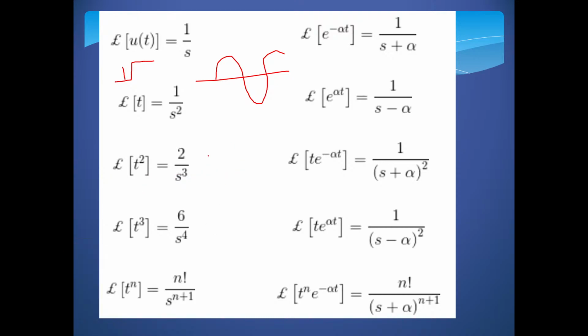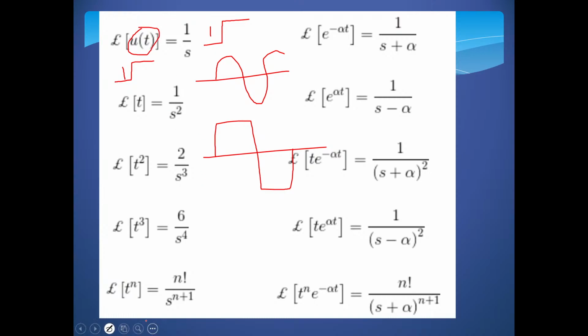I'm trying to draw the square wave. It's not exact, but it looks like a square wave. So we can give input as a step input instead of a sine wave or square wave. If the step value is 1, that is known as u of t, the unit step.